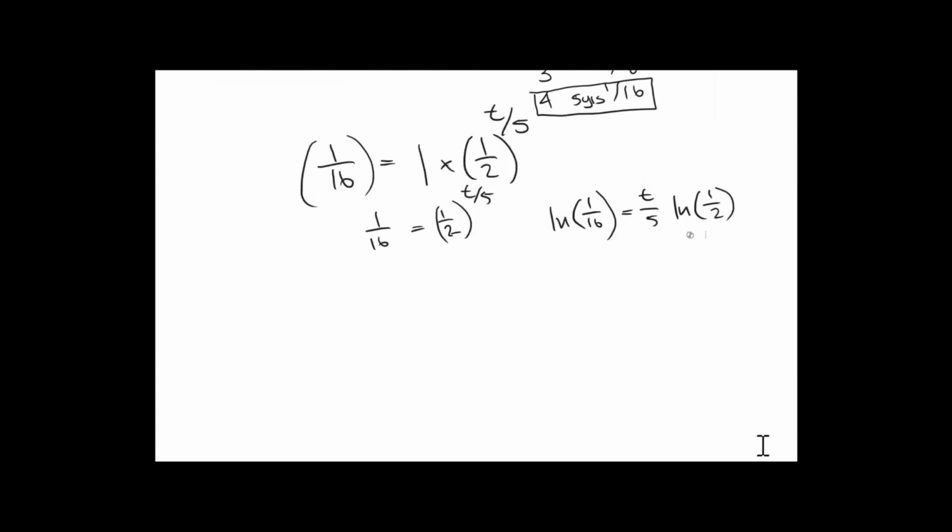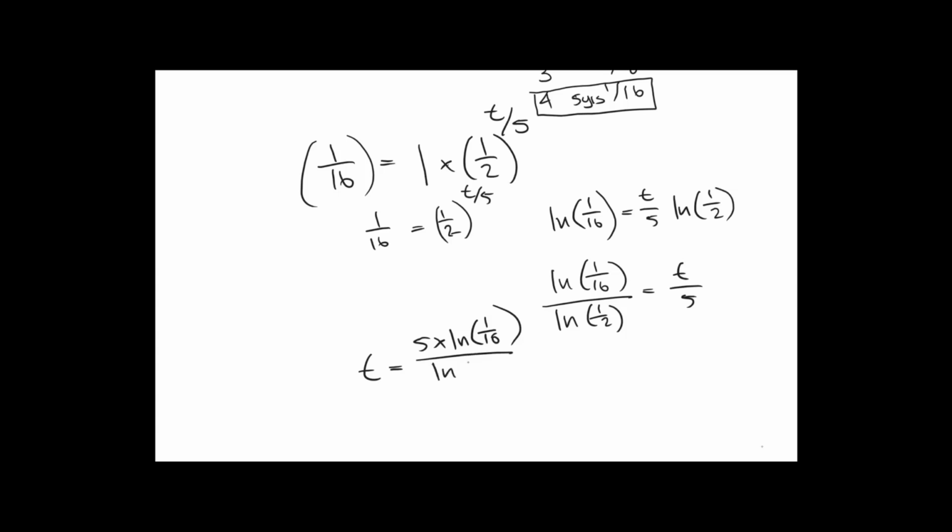So the natural log of 1/16 divided by the natural log of 1/2 is going to equal t over 5. We're going to cross multiply that 5. So the t here is going to be 5 times the natural log of 1/16 over the natural log of half.